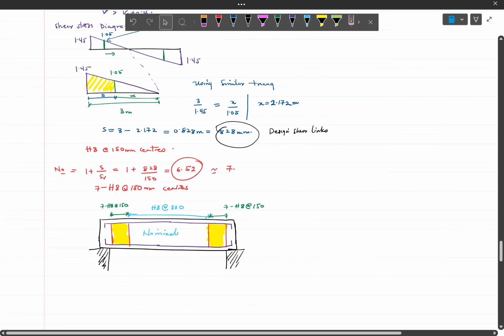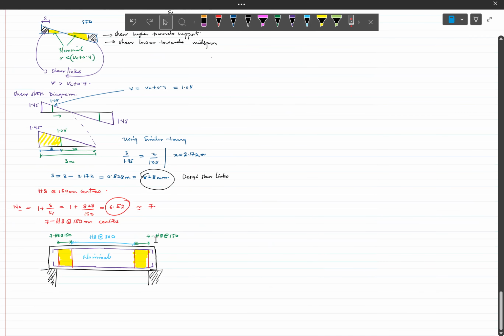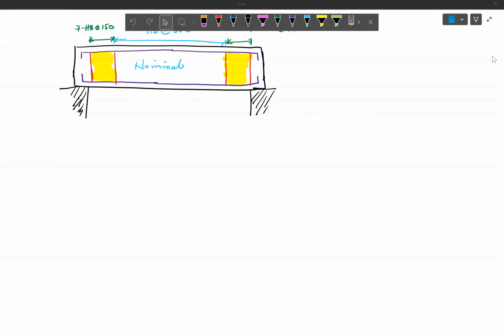Yeah, so let me recap. All right, so the next thing that we'll do from here is to do a proper design of a simply supported beam from scratch, where we are looking at both bending and shear, and then just look at the steps involved. All right. So let's look at an example.